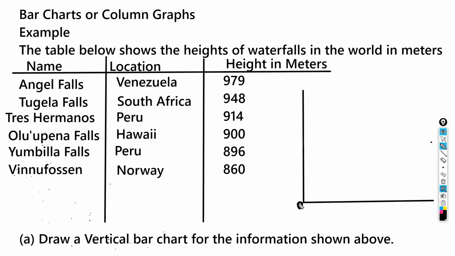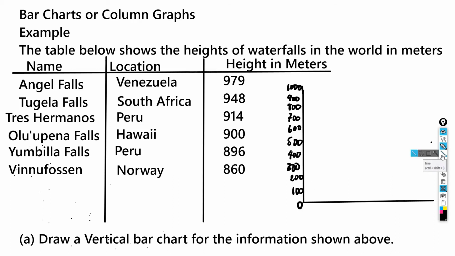I'm going to have 0 here, then 100, then 200, then 300, then 400, then 500, 600, 700, 800, 900, and then 1000 right here.